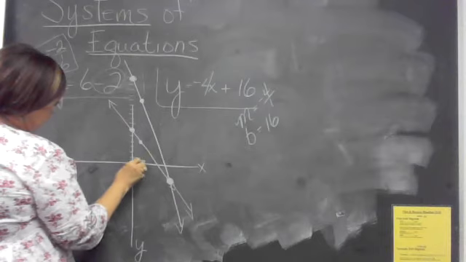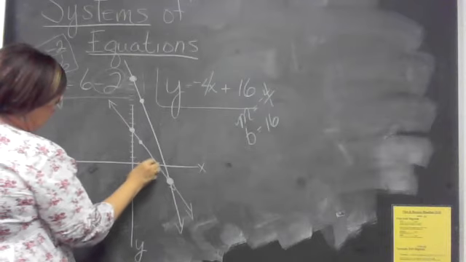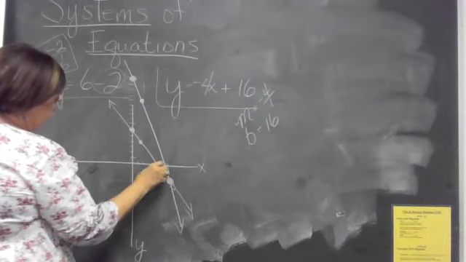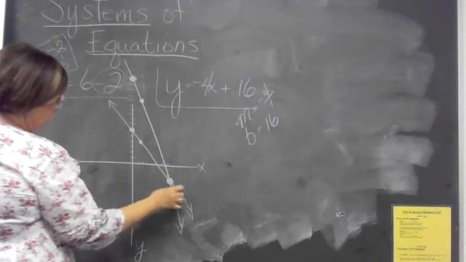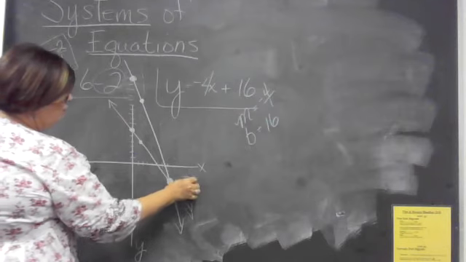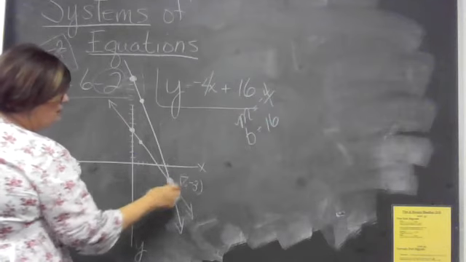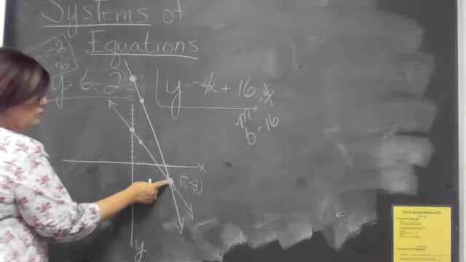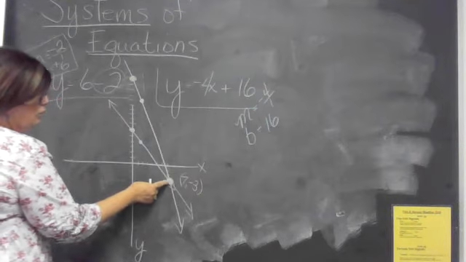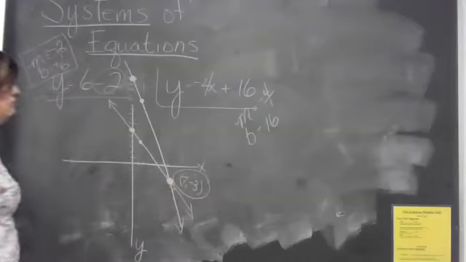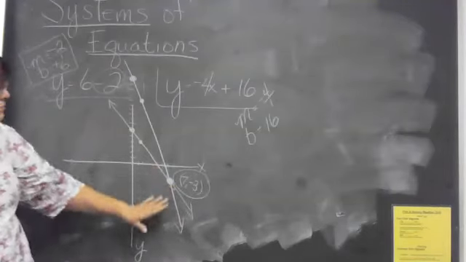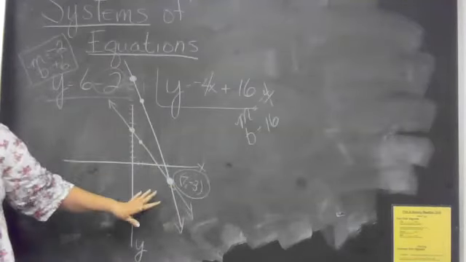Okay, so it's about 1, 2, 3, 4, 5, 6, maybe 7, negative 3. What you do is find out what the address of this point is where it crosses. That is the solution. The solution is where the two lines cross.